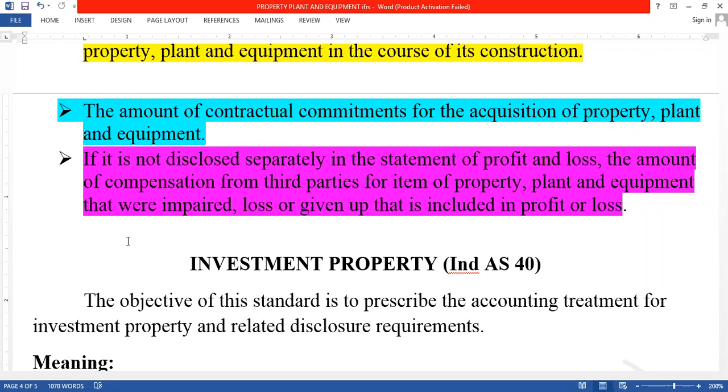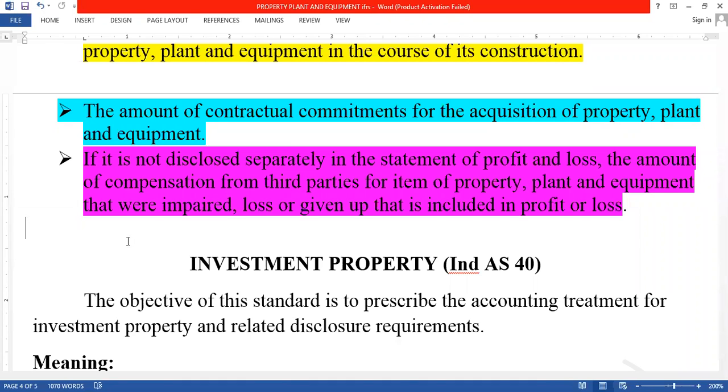If any compensation is received related to property, plant, and equipment, or any compensation is given, or any permanent loss is incurred for the particular asset, and it is not entered in the profit and loss account, then we separately disclose the information related to the compensation from or to third parties, or any permanent loss incurred for the particular asset.